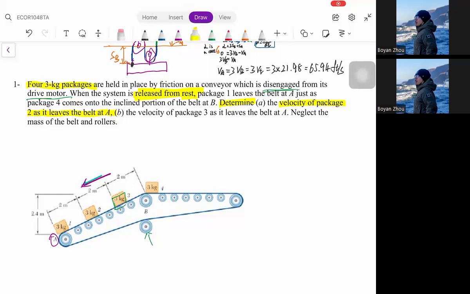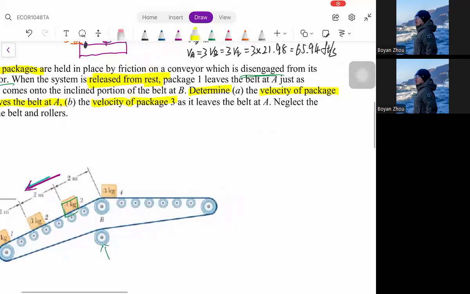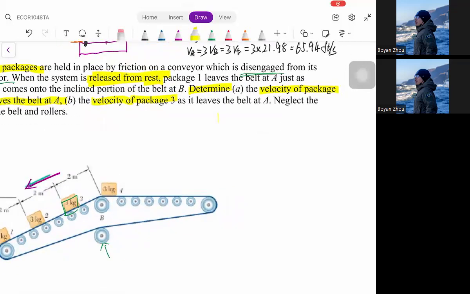And we're going to find the velocity of package 3 when they leave location A. So first, let's try to use this energy equation for the first question.